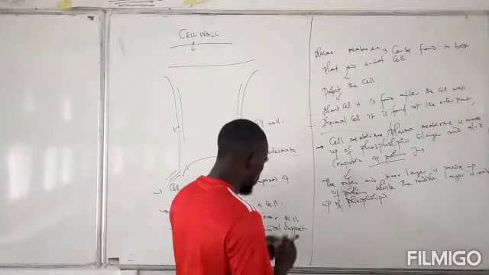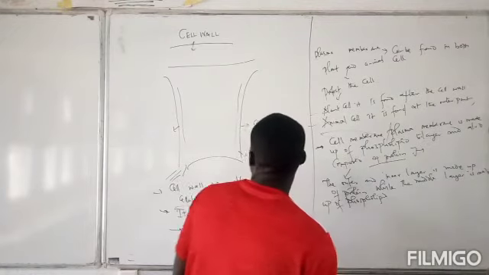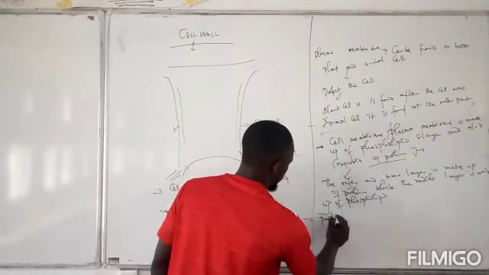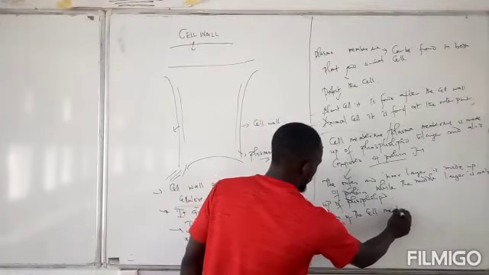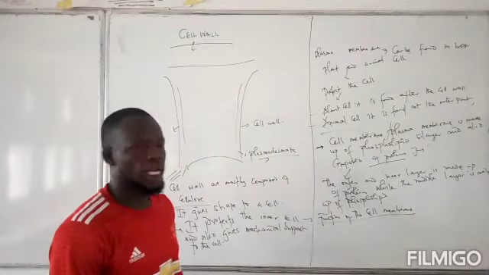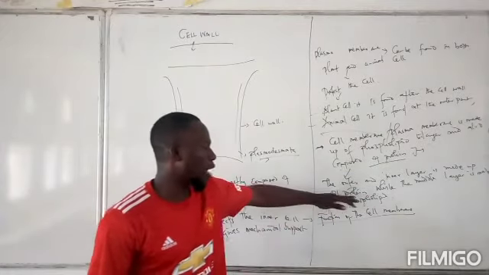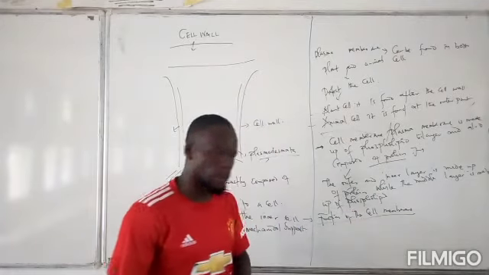Now talking about the function of this cell membrane. It's made up of an outer and an inner layer. The outer and inner layers are made up of protein, while the middle layer is made up of what? Phospholipid.